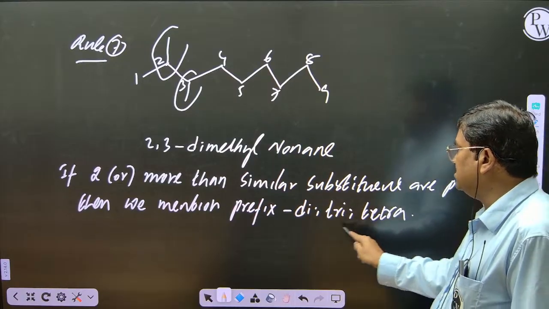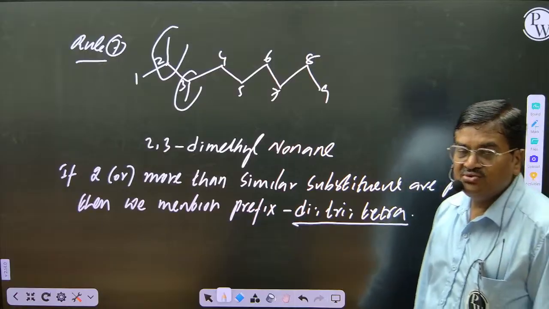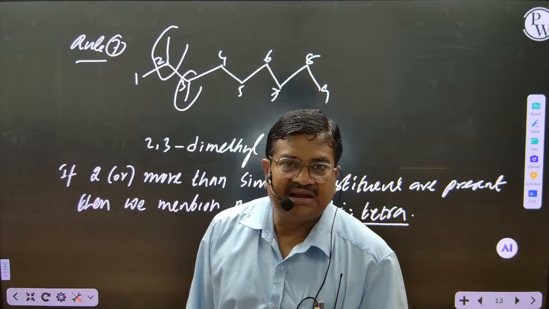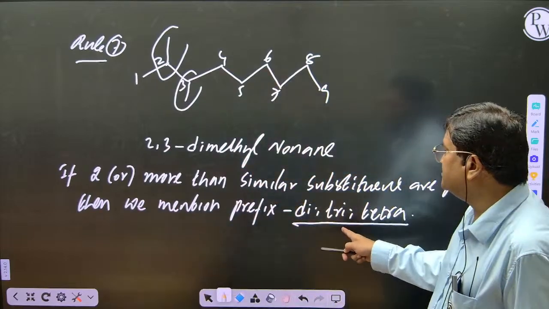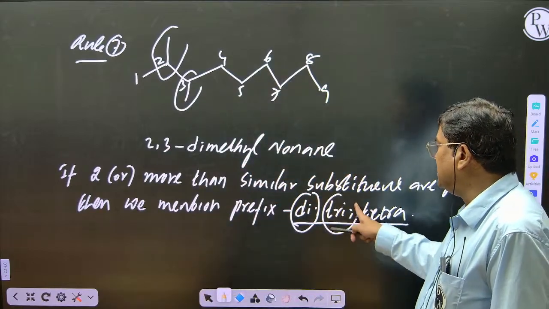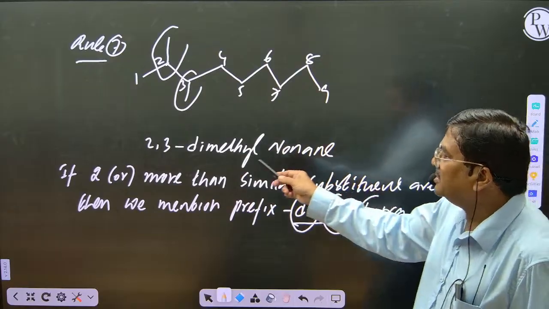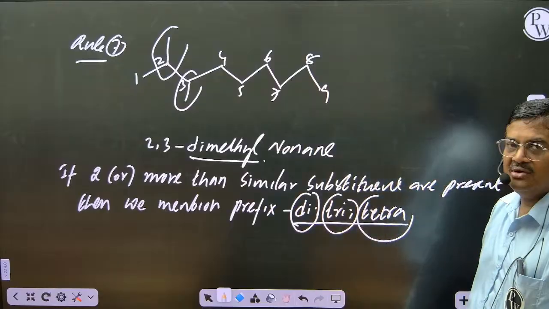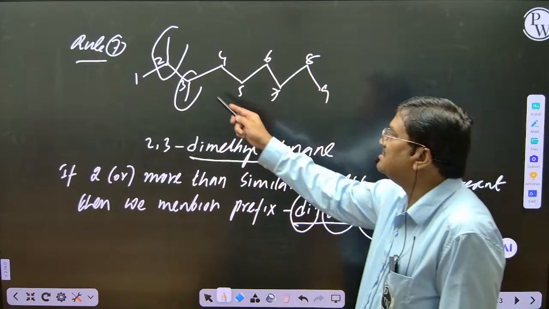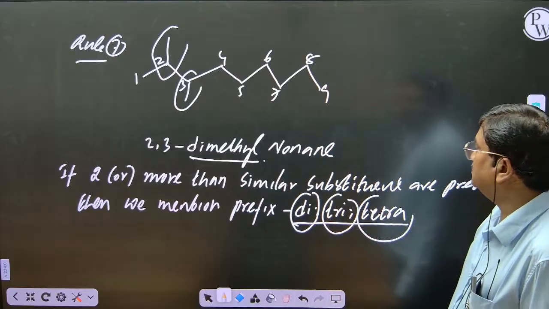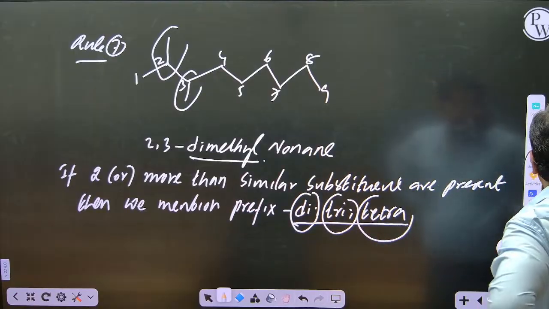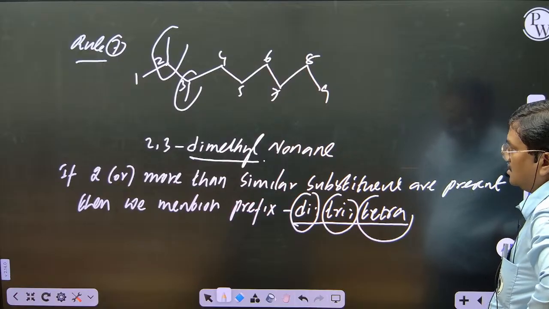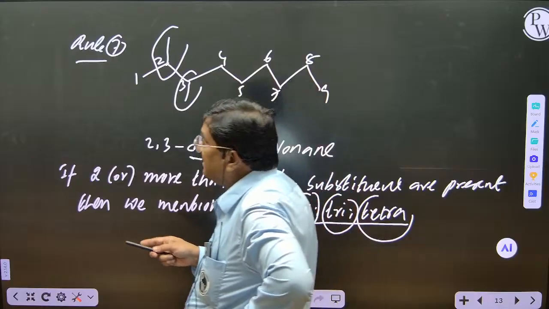Understood, students? So we mention di, tri. If 2 are similar, di. If 3 are similar, tri. If 4 are similar, tetra. So depending on the number of similar substituents, we mention di, tri, tetra before what? The substituent name. That is dimethyl nonane. Two similar substituents are present. Understood? This is rule 7.